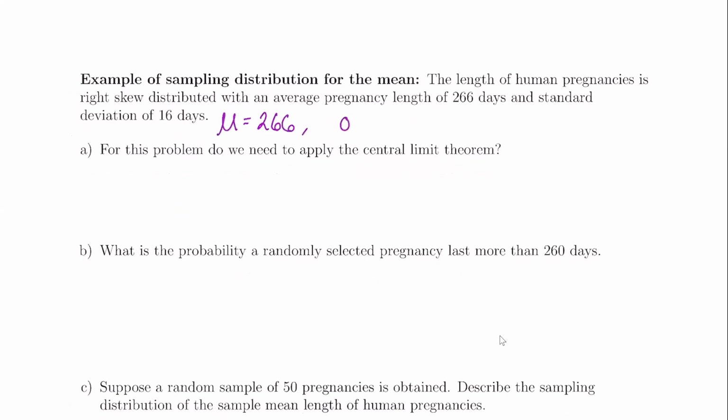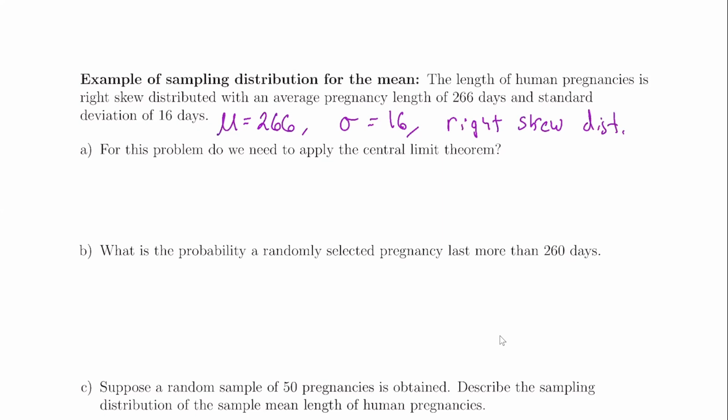The standard deviation of a pregnancy is 16 days. And they also tell me the distribution of this data set, which has a right skew distribution.